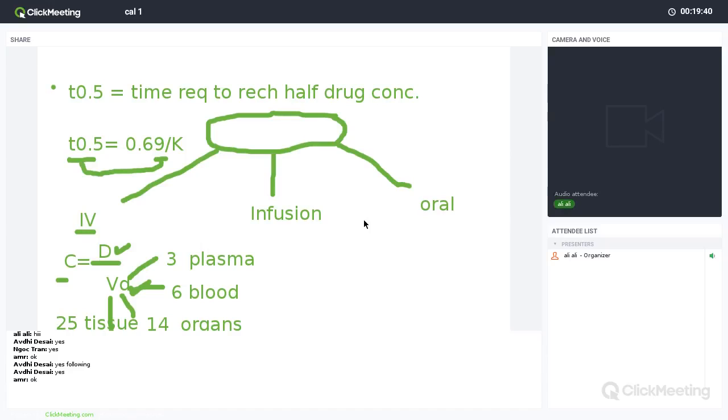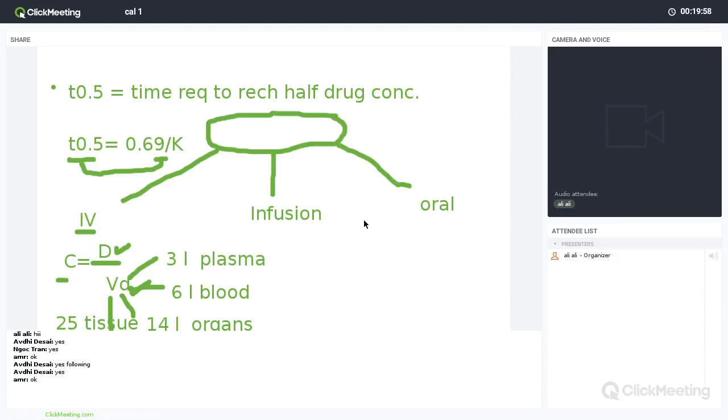For example, if we have a medication with 3 liters, this means it's bound to the plasma. 6 liters, it is bound to the blood. 14 liters, it's bound to the organs.